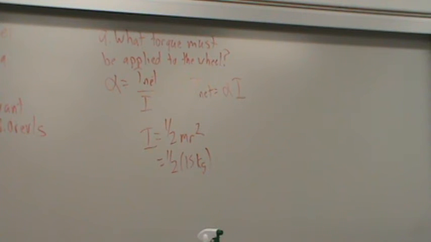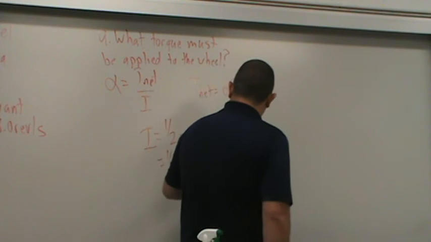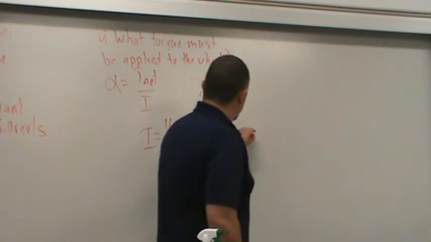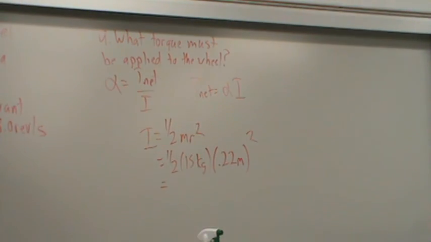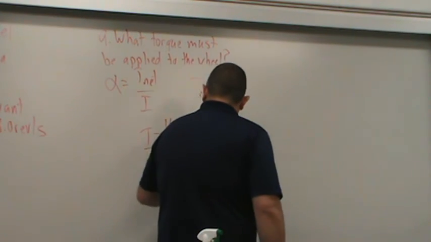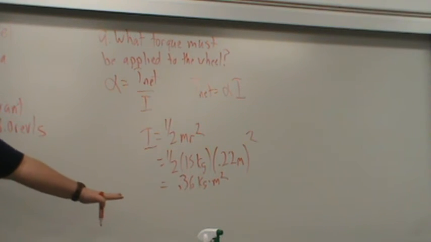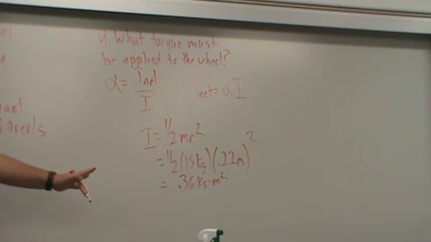So what's the radius? 0.22. We've got to square that. 0.5 times 15 times 0.22 squared. And what are we coming up with? 0.363 kilograms times meter squared. Is that what everybody else is coming up with?